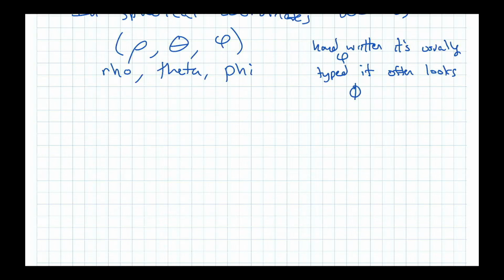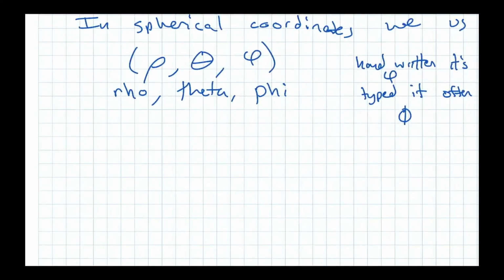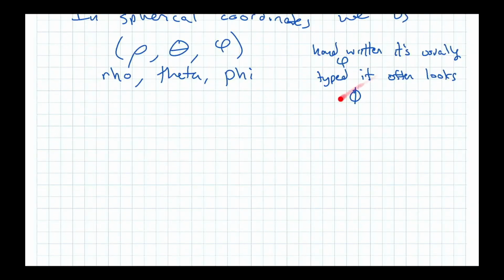So it looks a little bit different depending on where you see it. Actually, it looks like this in your textbook, so maybe I didn't even need to write this, but we use rho, theta, and phi.